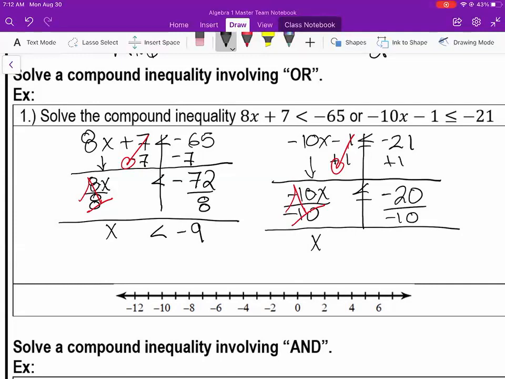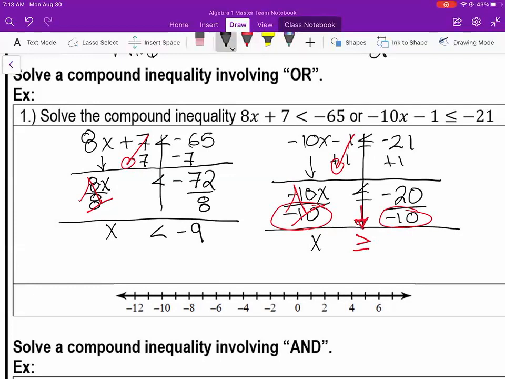We divided by negative 10. And because we divided by a negative, remember one of the rules, we need to flip or reverse the symbol. So instead of less than or equal to, it's going to say greater than or equal to.